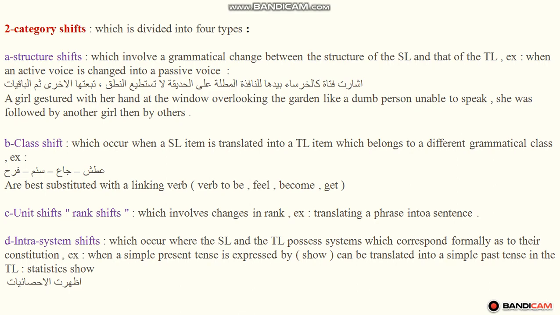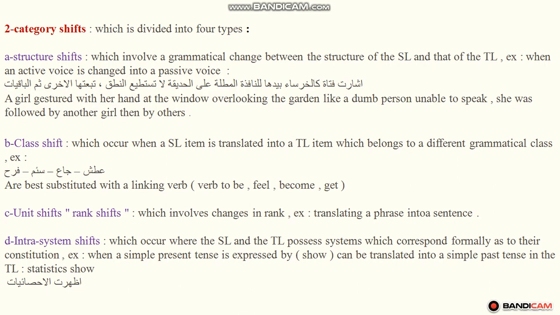Structure shifts involve a grammatical change between the structure of the source language and of the target language. For example, when we have an active voice and change it into a passive voice while translating it. For example, أشارت فتاة كالخرساء بيدها للنافذة المطلة على الحديقة لا تستطيع النطق تبعتها الأخرى ثم الباقيات.